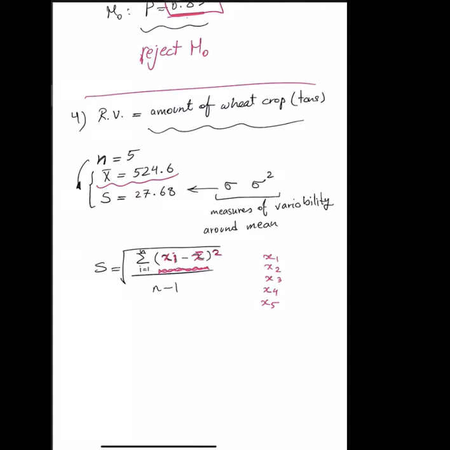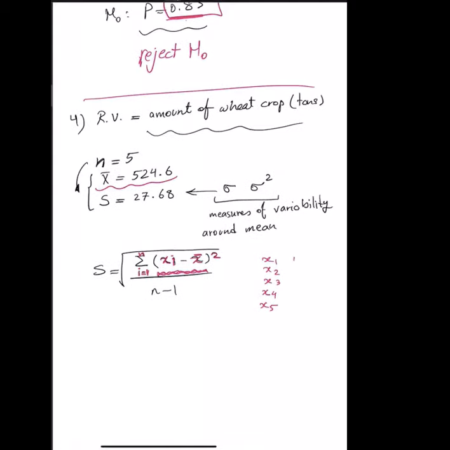So that's what this formulation measures. And then we do this calculation for all the samples you have. That's why i goes from 1 to n. In this example, i goes from 1 to 5, and then n minus 1. So this is the formula for S to measure variability around the mean.